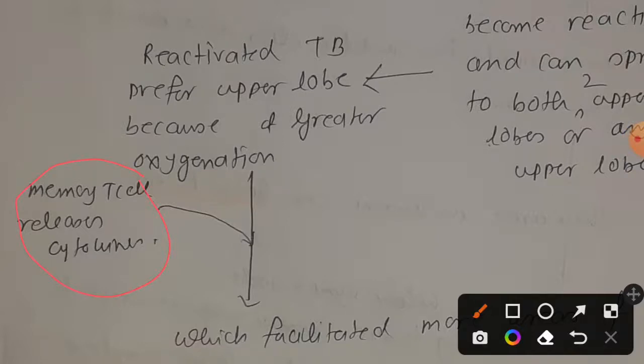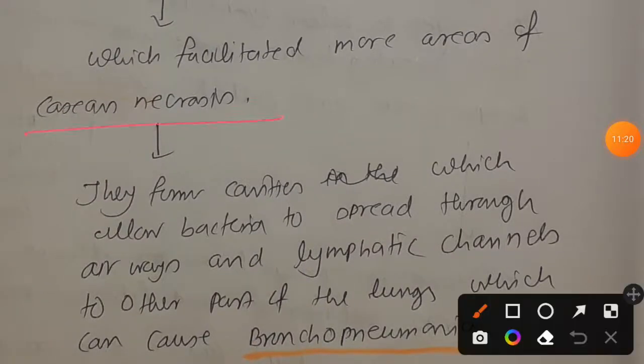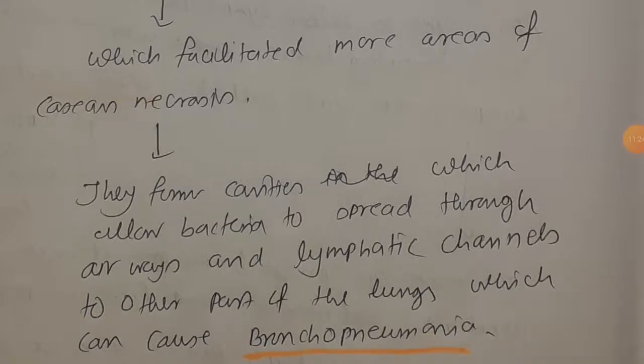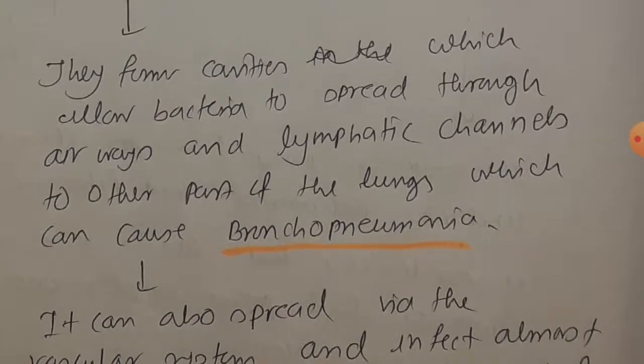So they immediately start to secrete cytokines to control the situation, which facilitates the formation of more areas of caseous necrosis. Now when TB gets the chance to infect us again, that means reactivated TB infection, they tend to cavitate the lungs.